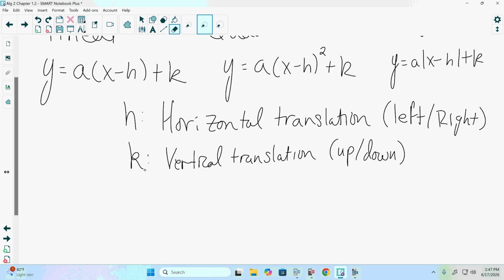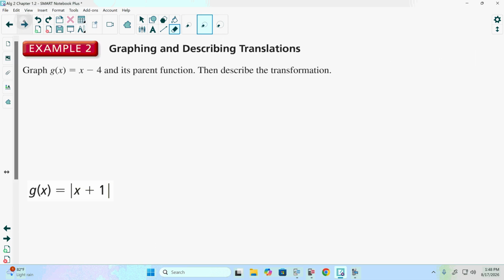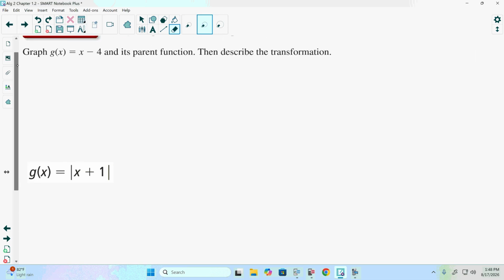Now, questions on this so far? Well, we really haven't covered much. We just said that H talks about left and right, and K is up and down. So let's actually put some context to it. So we look at this first one here. The first problem is kind of hidden a little bit.